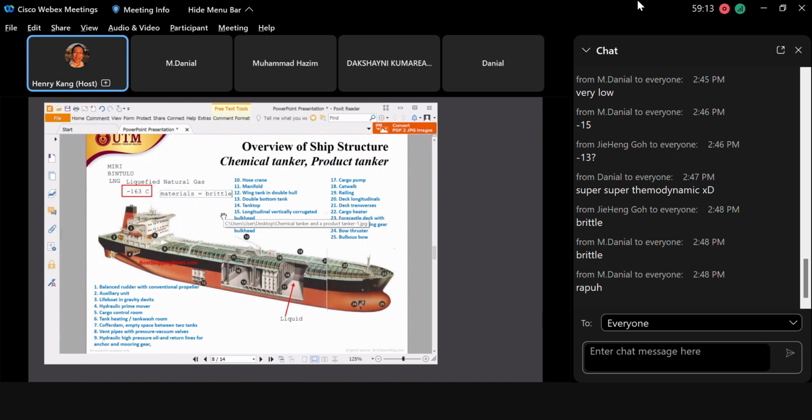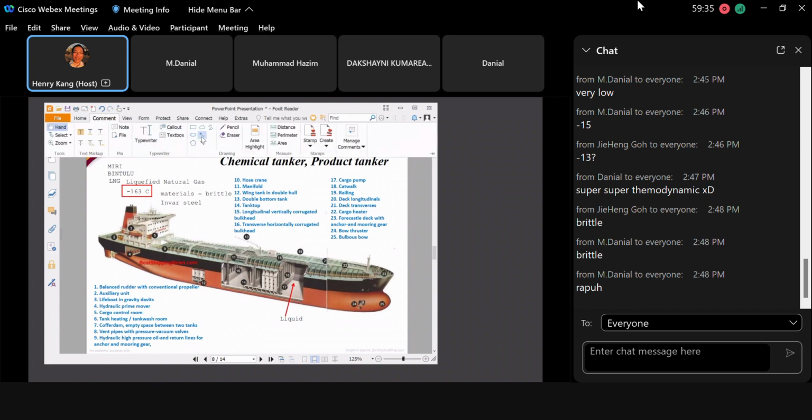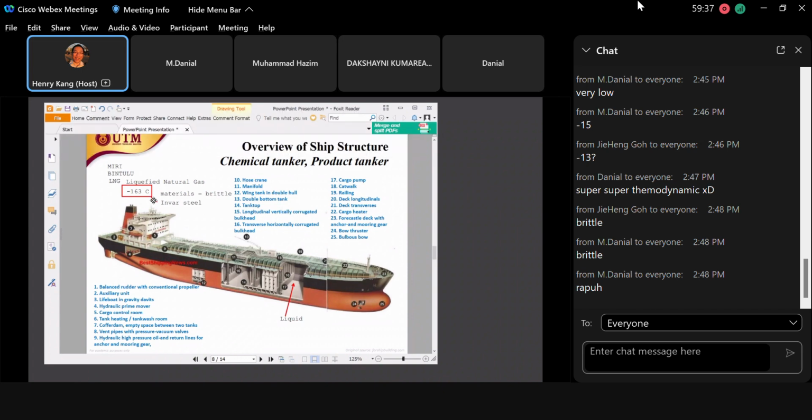So only a very specific steel, so-called EVA steel, manages to still perform at this very low temperature. Understand?